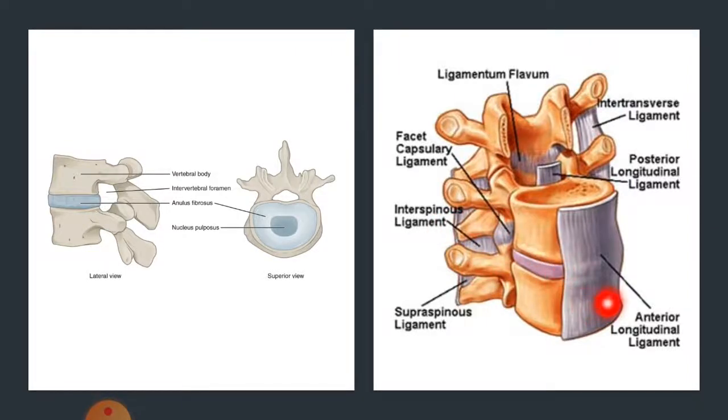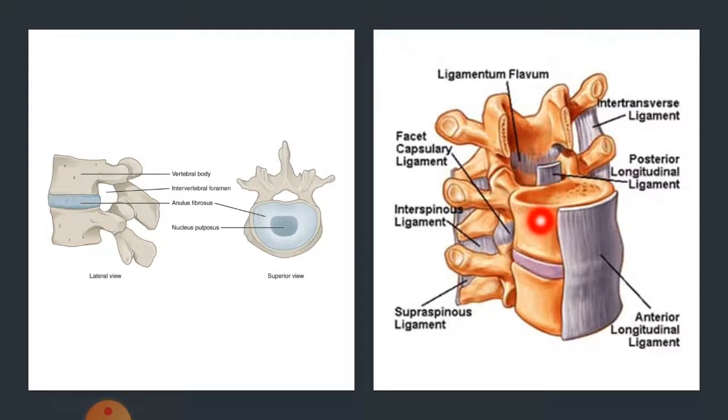Then you can also appreciate the intertransverse ligament that are lying between the transverse processes. So remember the ligamentum flavum, the anterior longitudinal ligament, the supraspinous ligament, intertransverse ligament, and the posterior longitudinal ligament.